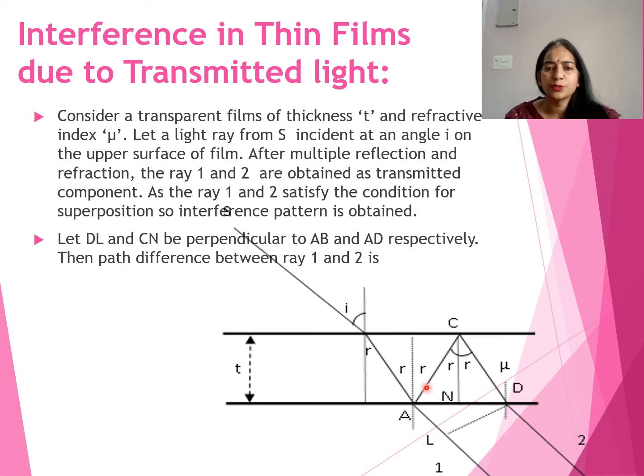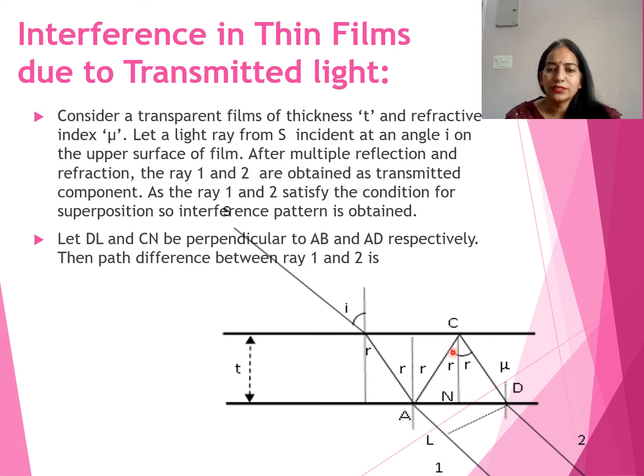Then the path difference between ray 1 and 2: the path is the same for both up to this point. After this point, ray 2 travels an extra AC plus CD in the medium and AL by ray 1 in air. So the path difference is (AC plus CD) times mu minus AL.